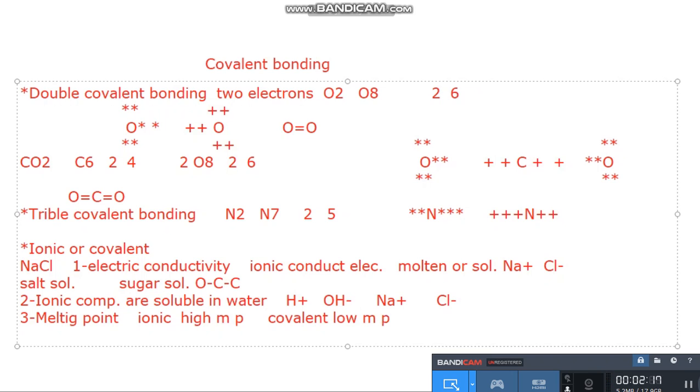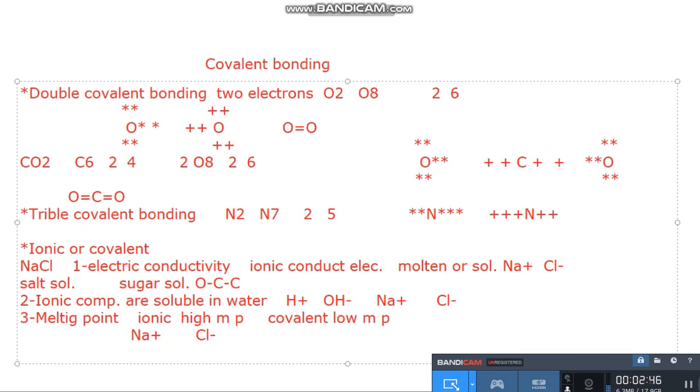Why? Because in ionic compounds the attraction force between the positive ion and the negative ion is strong. In ionic bonding, we have, for example, sodium Na positive and chlorine Cl negative.